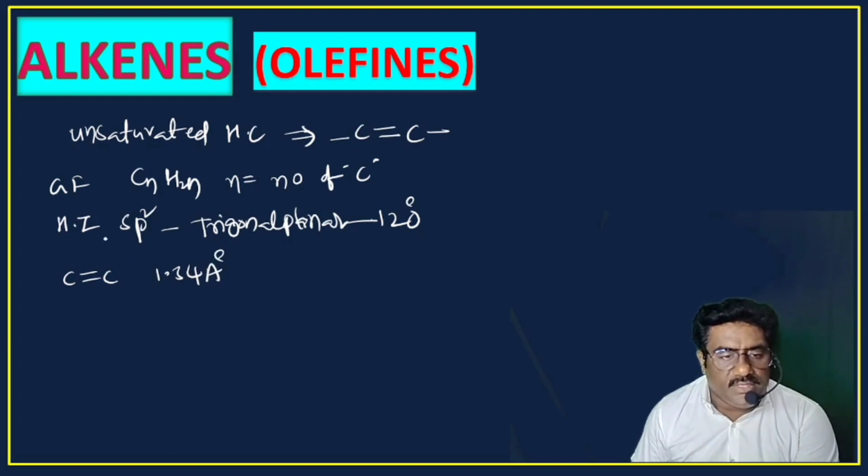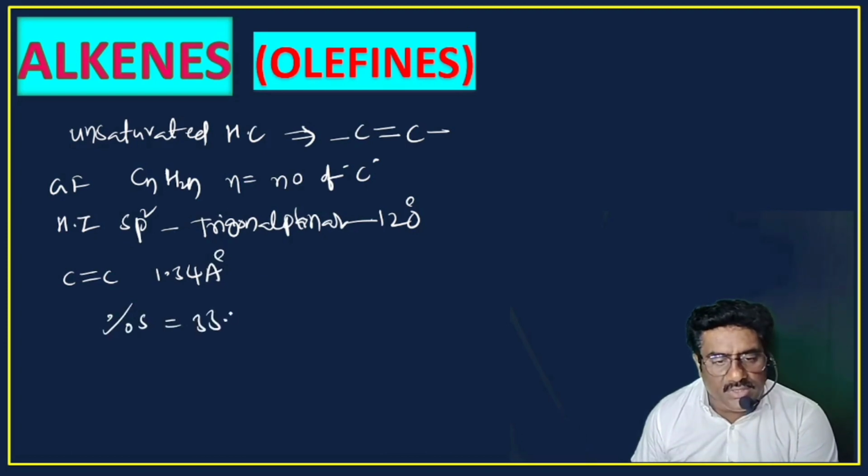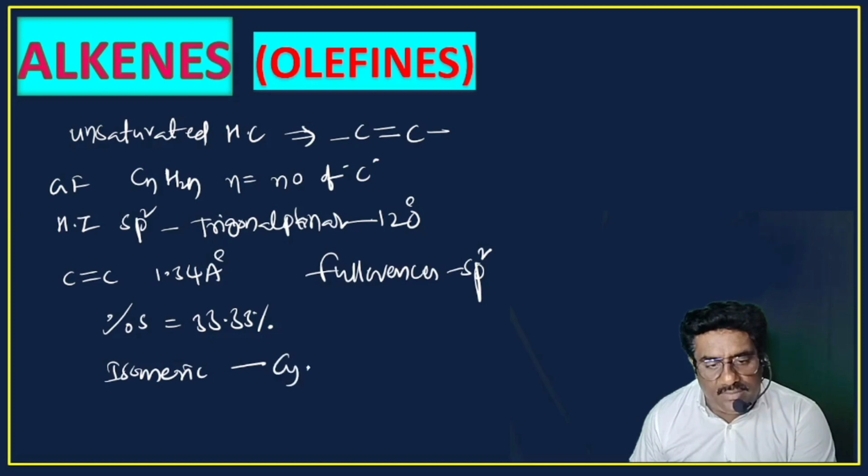The percentage of the s character in sp2 is 33.3%. In alkenes, fullerenes undergo sp2 hybridization. The isomeric form of alkenes are cycloalkanes.